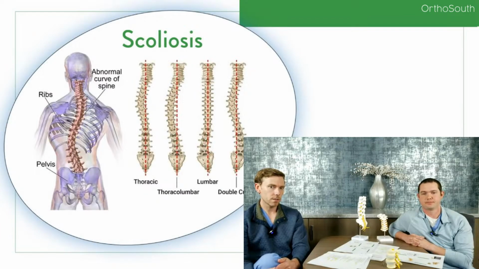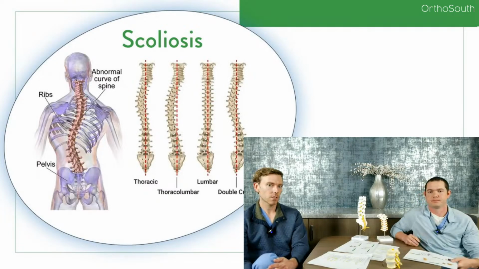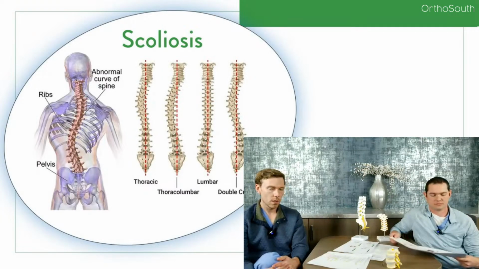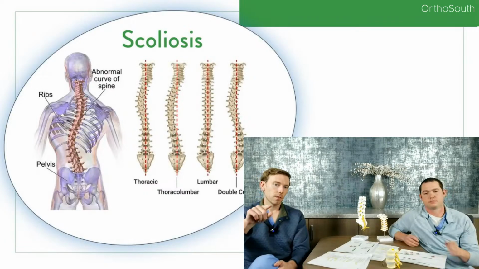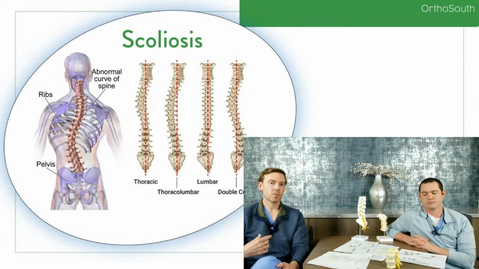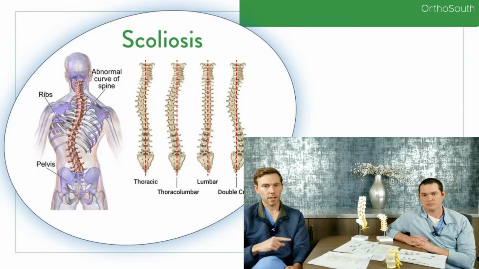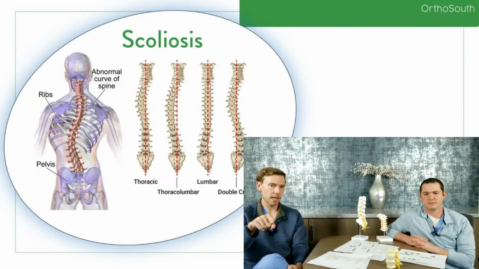And then this is scoliosis, also a form of spinal instability. Scoliosis refers to the curvature of the spine, looking at your spine not from a side view like we were just looking at, but from a front view of the spine. If it's curving like you're seeing in these diagrams and pictures here, that is what the term scoliosis refers to.